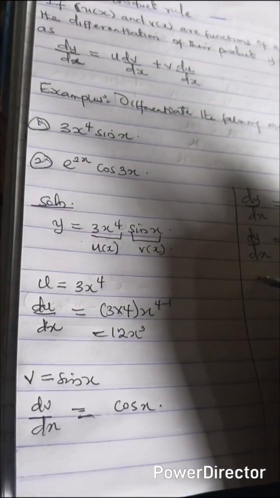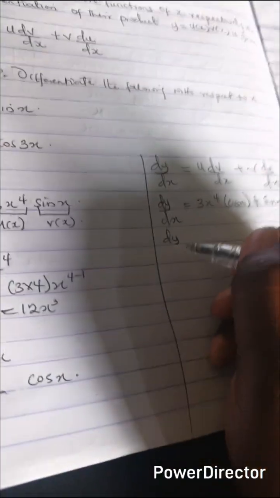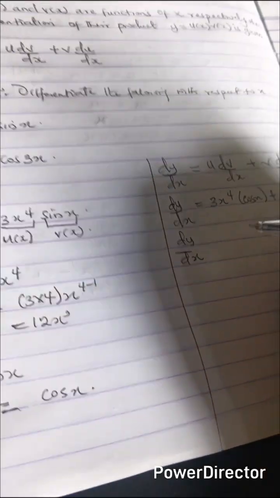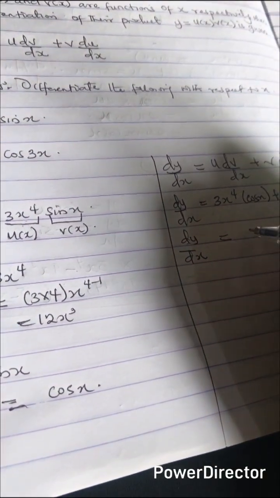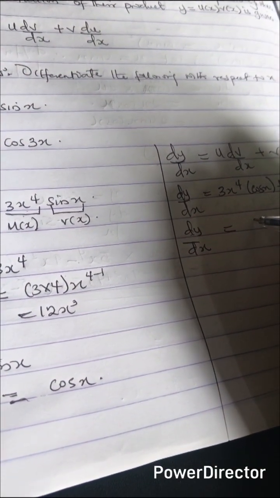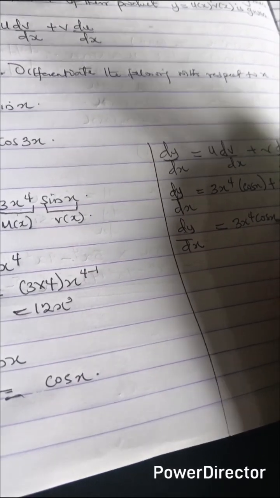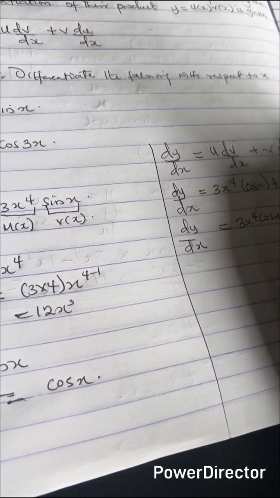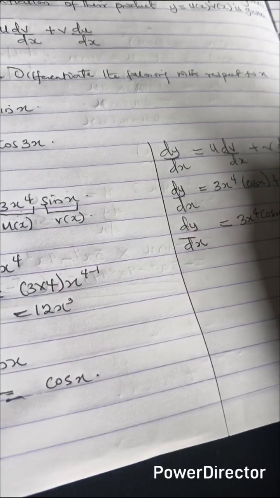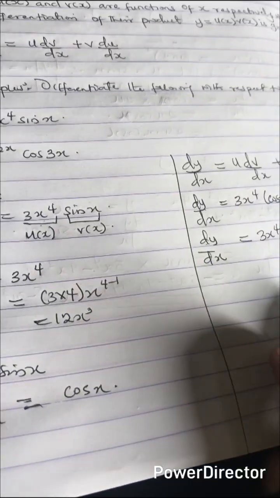So with this we can say that dy/dx equals 3x raised to the power of 4 cos x plus 12x cubed sine x.